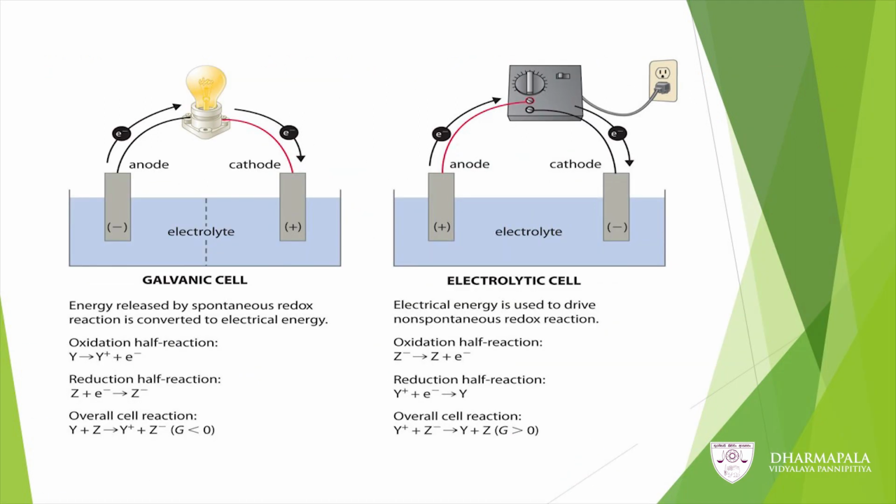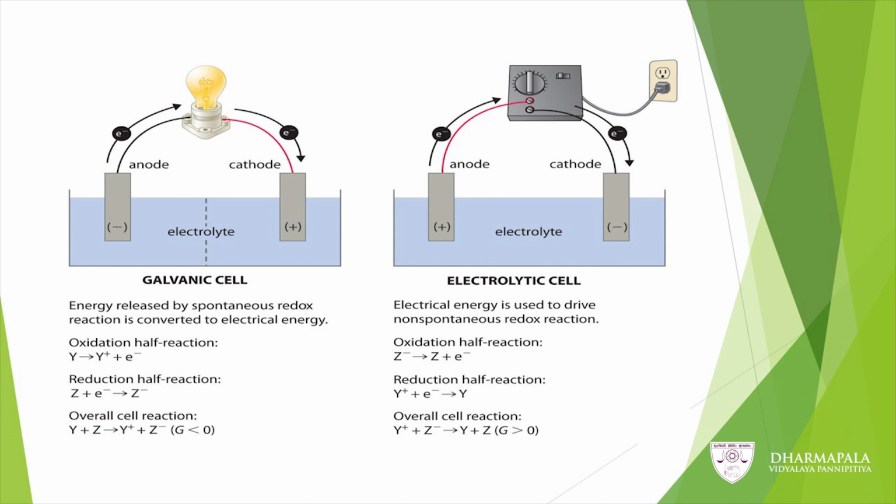There are two types of electrochemical cells: galvanic cell and electrolytic cell. Here you can see the comparison between those two cells. In a galvanic cell, energy released by a spontaneous redox reaction is converted to electrical energy.